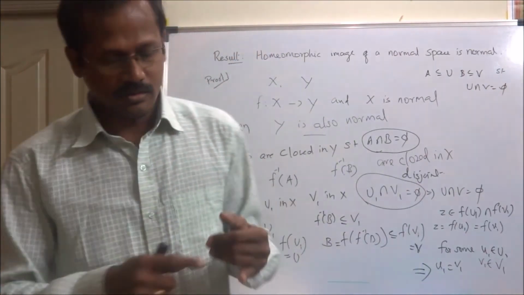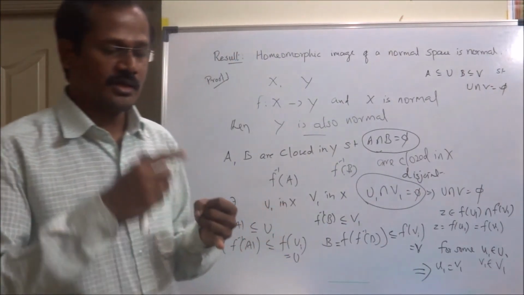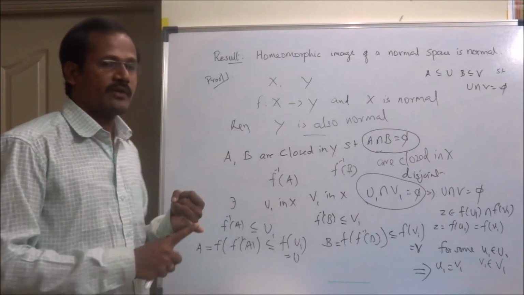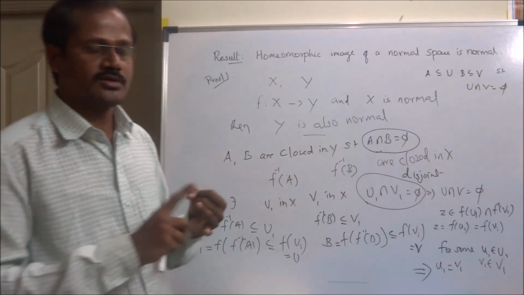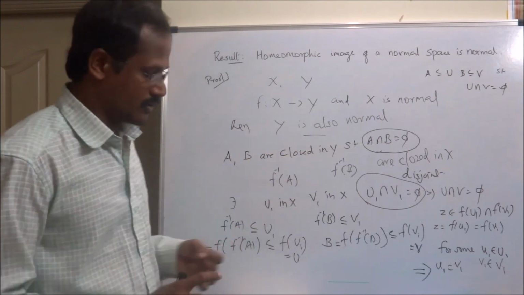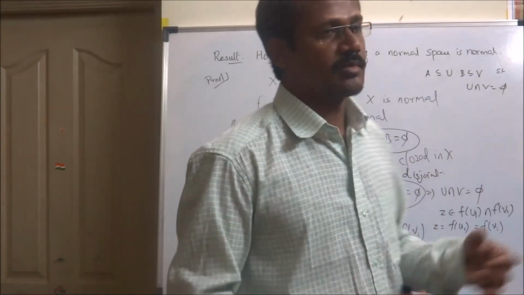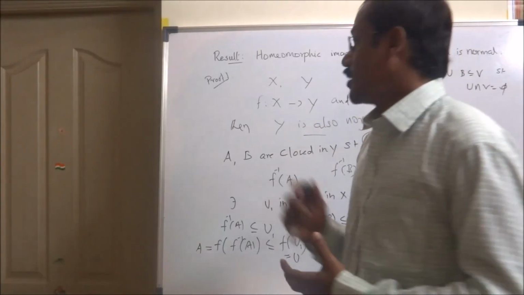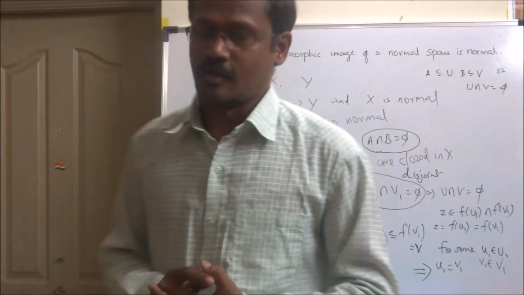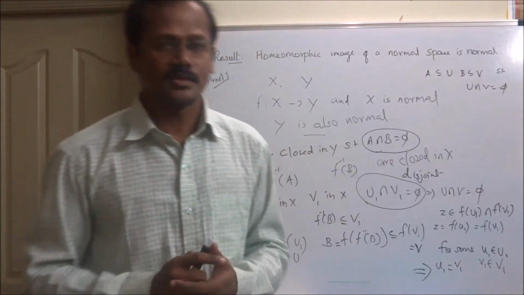To summarize, we have already established that every singleton set is closed in Y. Now we proved that for every pair of disjoint closed sets in Y, there are disjoint neighborhoods containing A and B respectively. Therefore, the space Y becomes a normal space, which completes the proof that homeomorphic image of a normal space is normal. I hope you understand this result. Thank you.